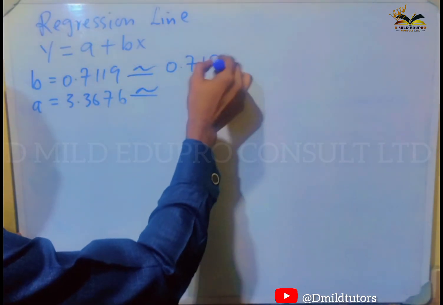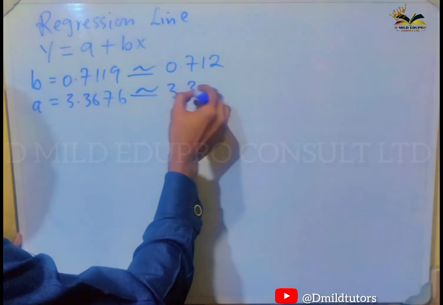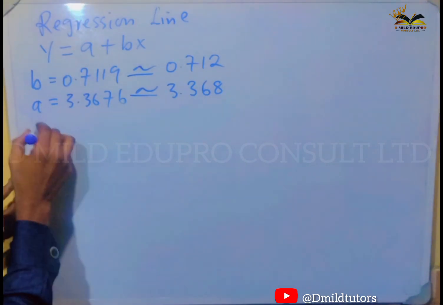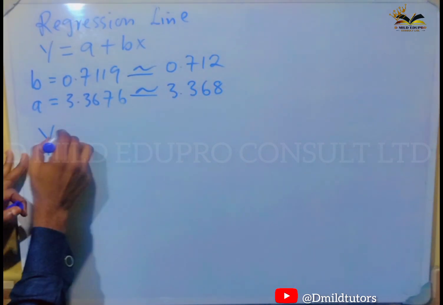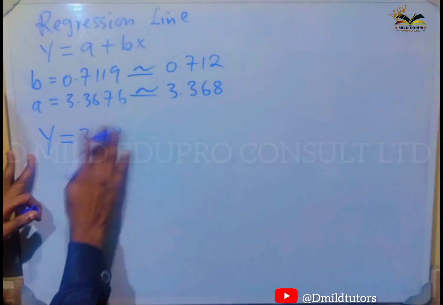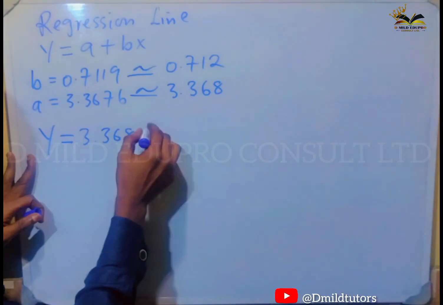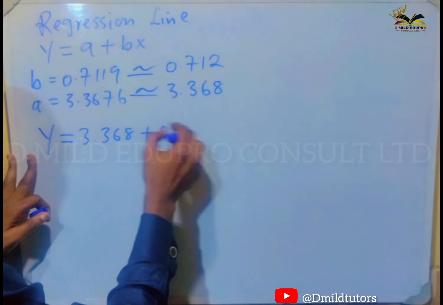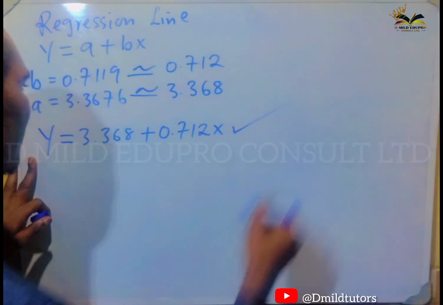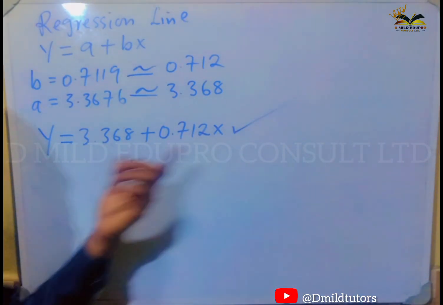To 3 decimal places, we have this, and this one also to 3 decimal places, we have this. Now, our regression line, which was the question they asked, will now be equal to A, which is 3.68, plus our B, which is 0.712, times X. This is the regression line that you were asked.